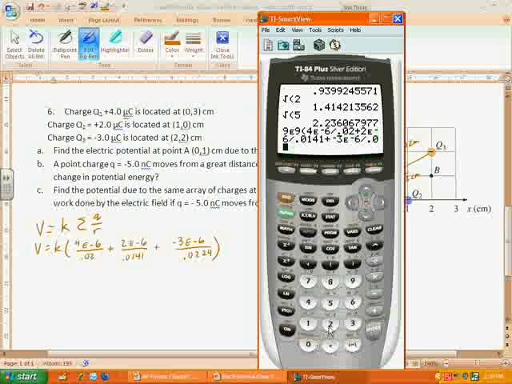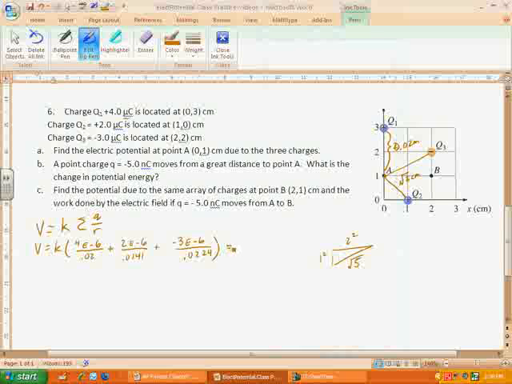And we get 1871238. So that's 1, 2, 3, 4, 5, 6. 1.87 times 10 to the 6th volts. Okay?